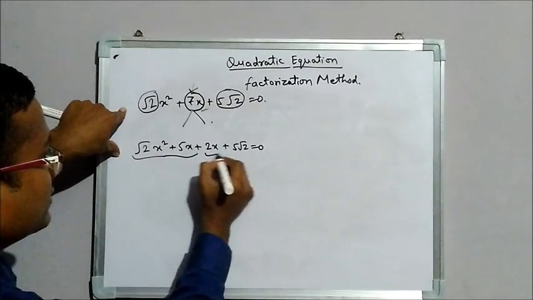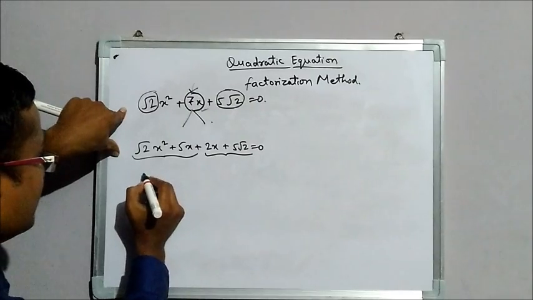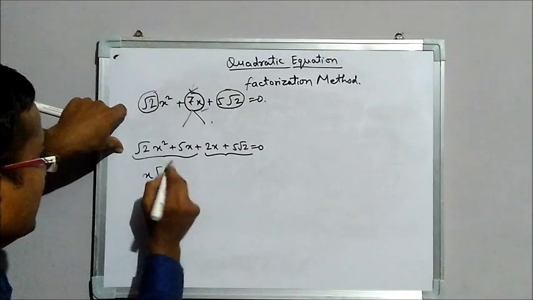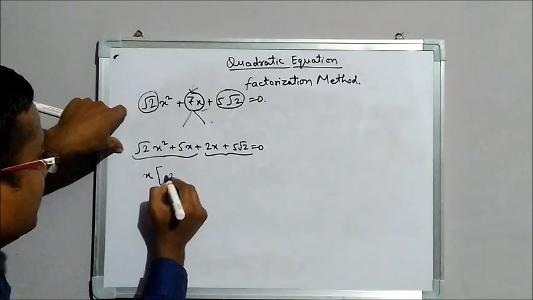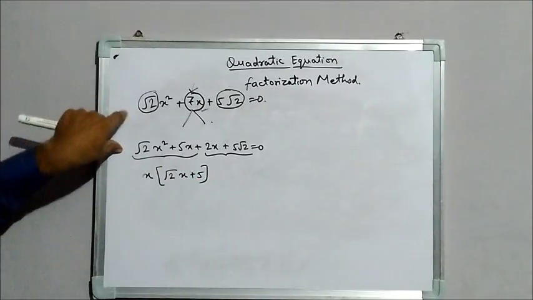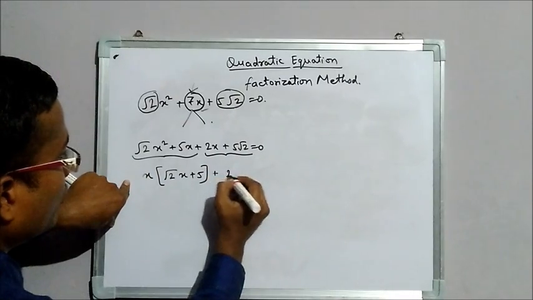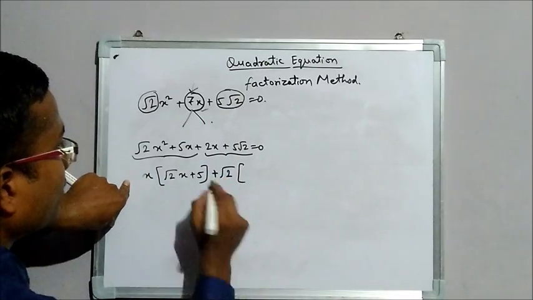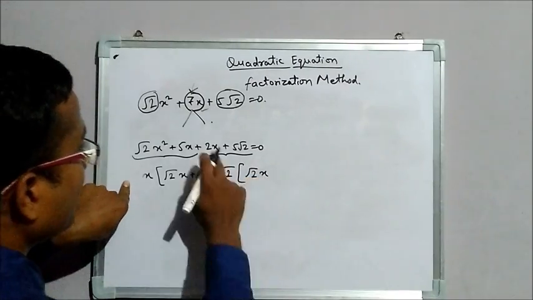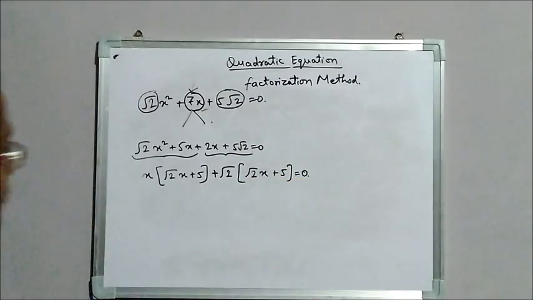From the first two terms we take x common, what do we get? Root 2 x plus 5. And from the other two terms we take out root 2. So here we get root 2 x plus 5 equals 0.